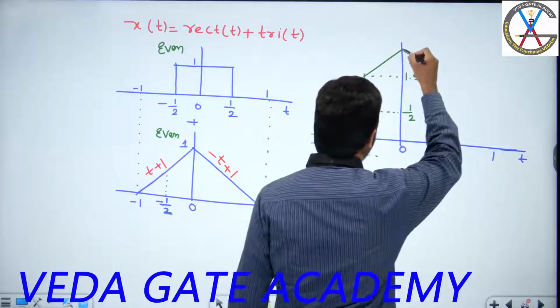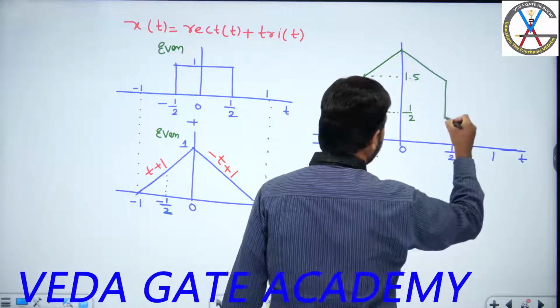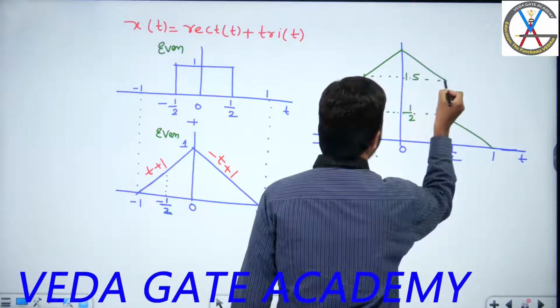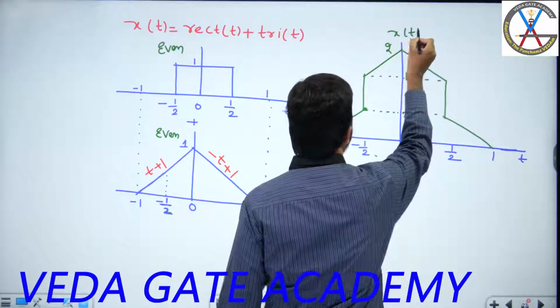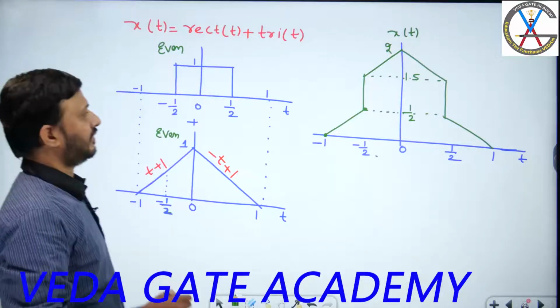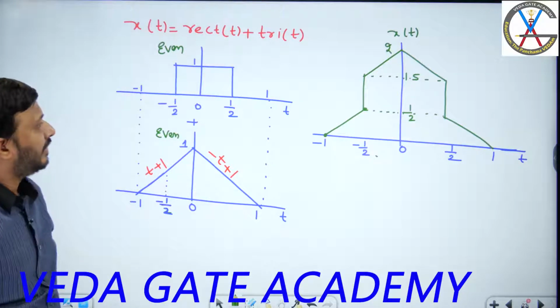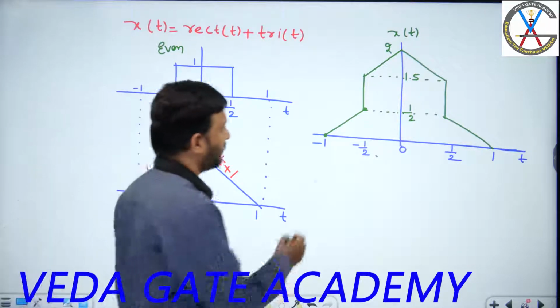Symmetrical portion will be there, like this. This is the shape of the signal x(t). This is rect(t) plus tri(t). In this way, you have to draw the signal. Hope you are all comfortable with this.